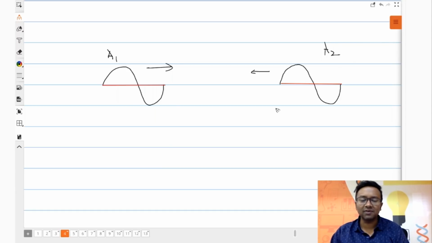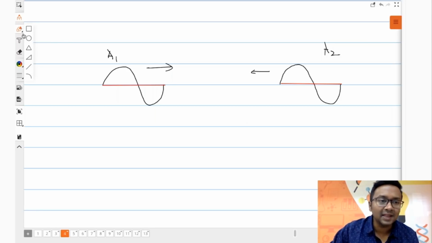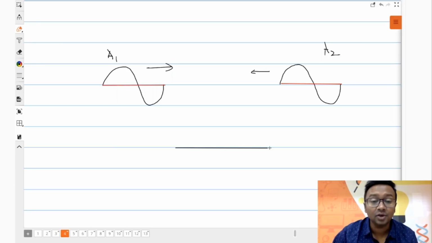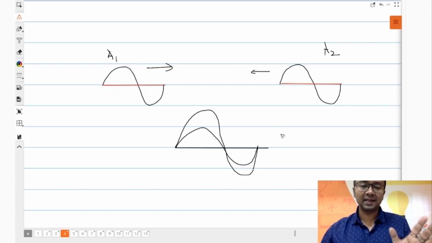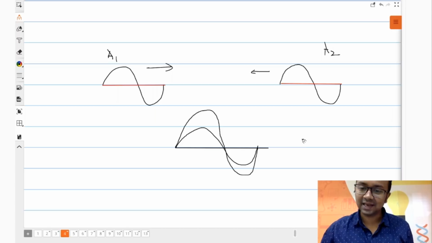So in future, somewhere in between, these two waves are going to meet. And at the point when these two waves are going to be meeting, there are two things that can happen. Say this is my wave 1 and this is my wave 2. So this could be my wave 1 and the wave 2 could be above the wave 1 just like this. So here we say that wave 1 and wave 2 are in phase.